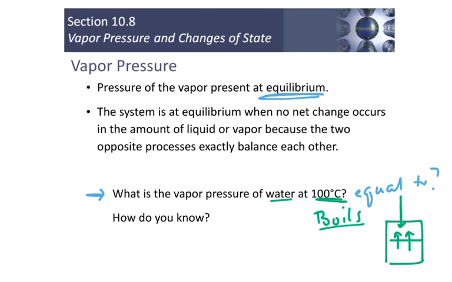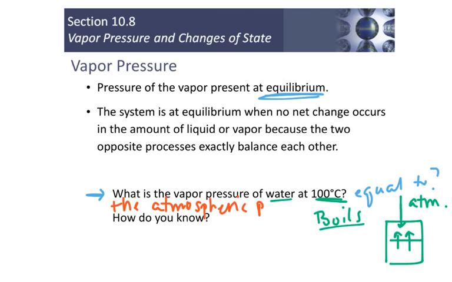Well, this pressure pushing down, if it's open, it's coming from the atmosphere. All right. So the vapor pressure of water is the atmospheric pressure. All right.